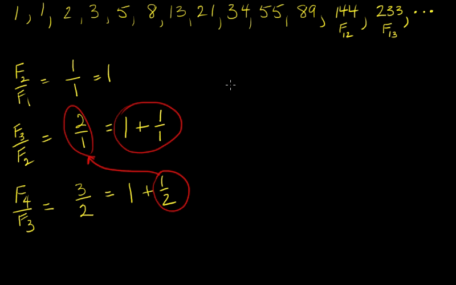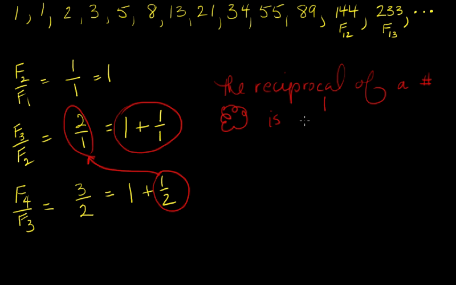Now, to make sure that you remember what reciprocal means, let's write it. The reciprocal of a number, and I'm just going to make some squiggly, okay? That's some number. I don't care. It could be really complicated. It could have 50 fractions in it. Just a number. The reciprocal of a number is 1 over it.